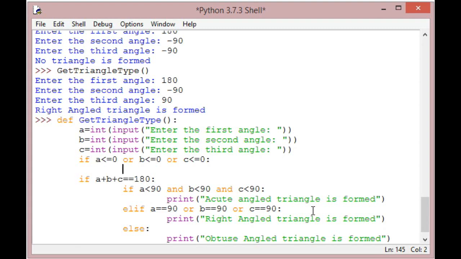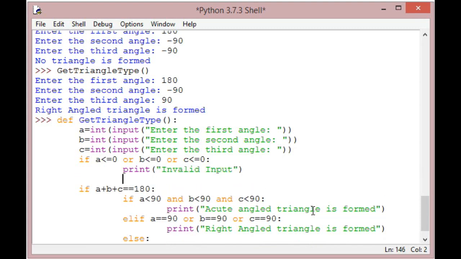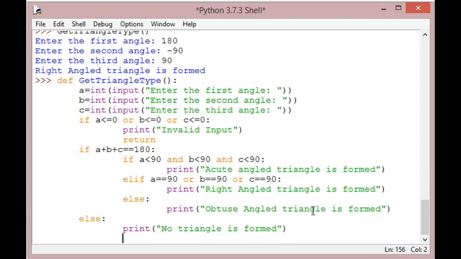So what shall I write? I shall write print invalid inputs or input. Now after this, do I want to continue the program? No. So I can simply write return, and if I write this, let's see what happens.